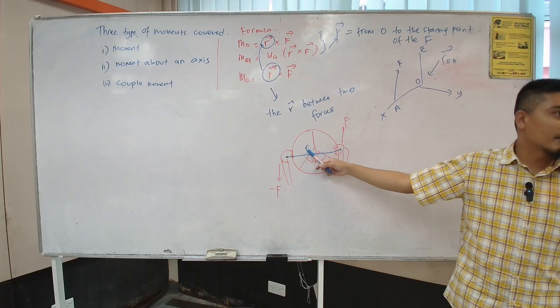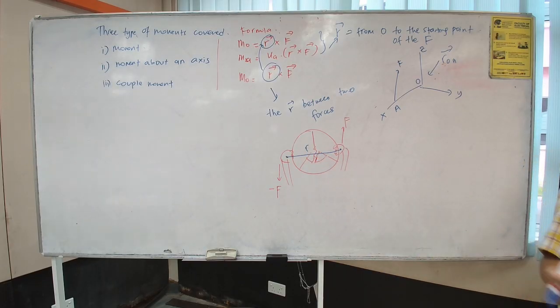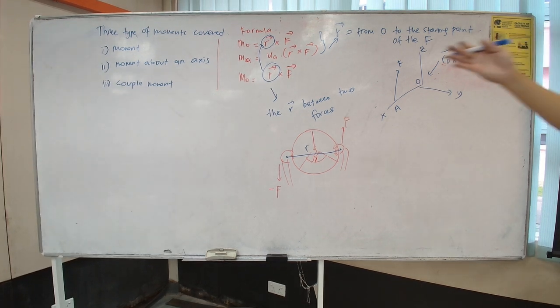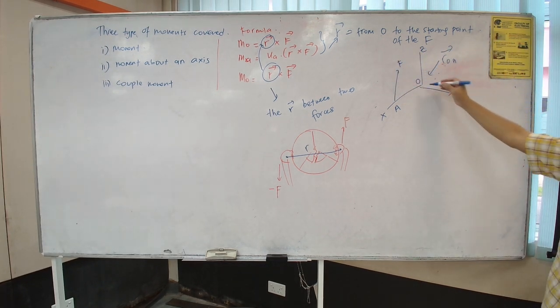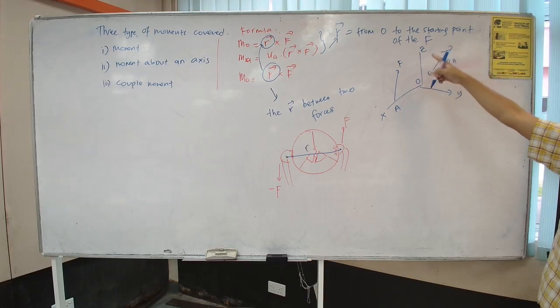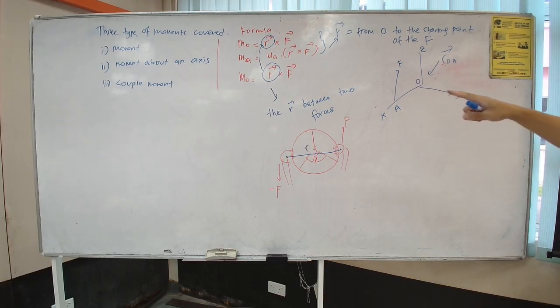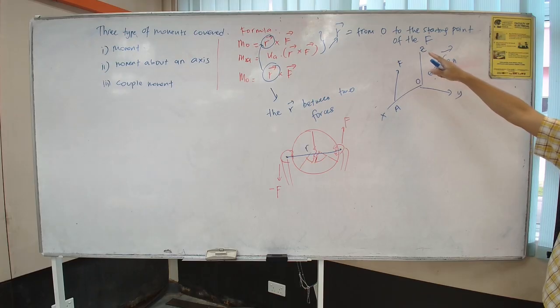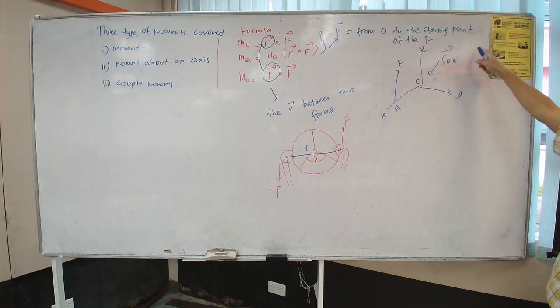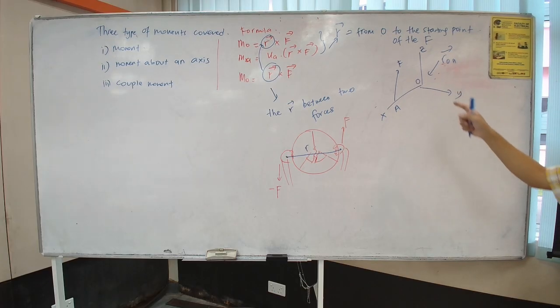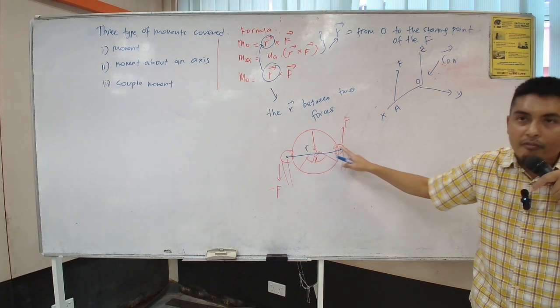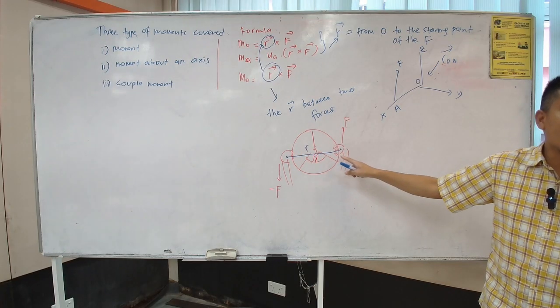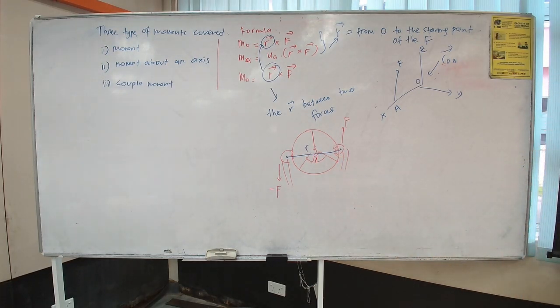This is your R. So if you want to find the moment at the first one, the R always goes from O to the starting point of the F. If you want to find the moment about an axis, the R always refers to the distance from the origin to the starting point of the F. However, for the couple moment, you need to use the R between the two forces. That's your R. Is it clear?